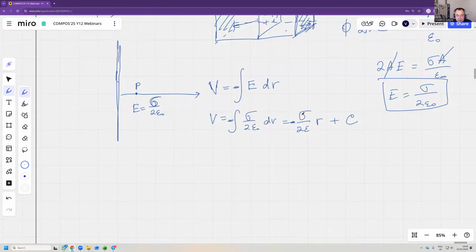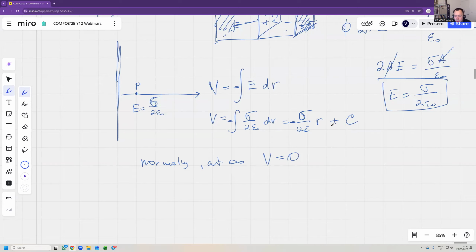Now, what is C? Well, the problem is that normally at infinity, V is 0.